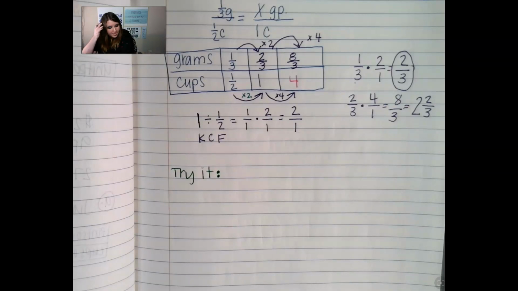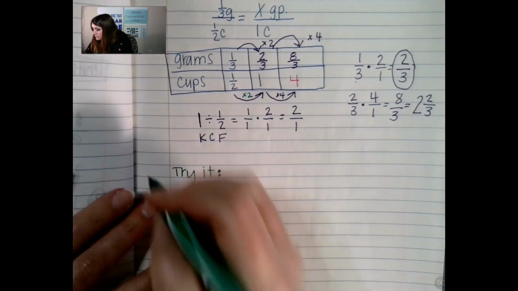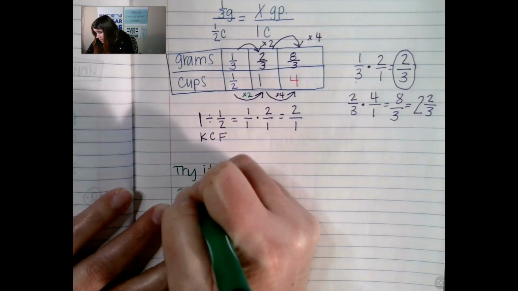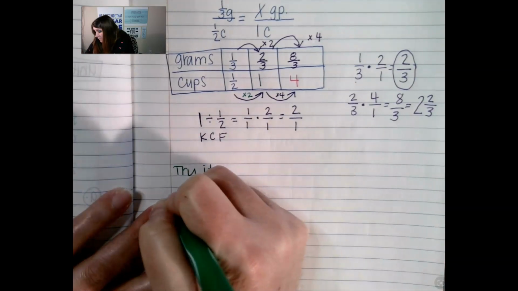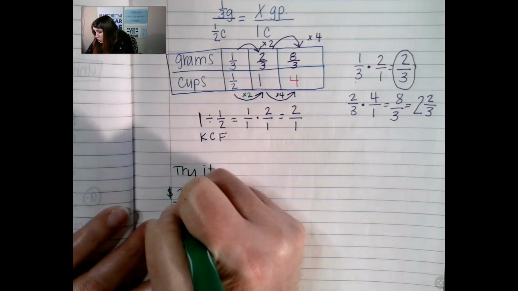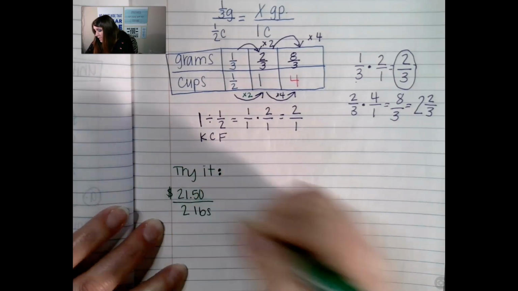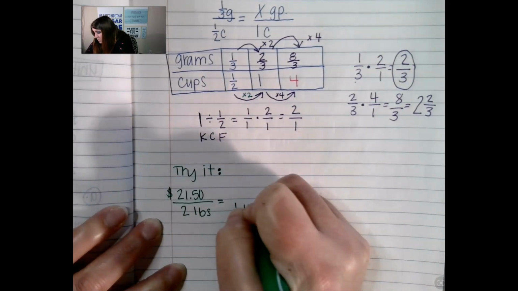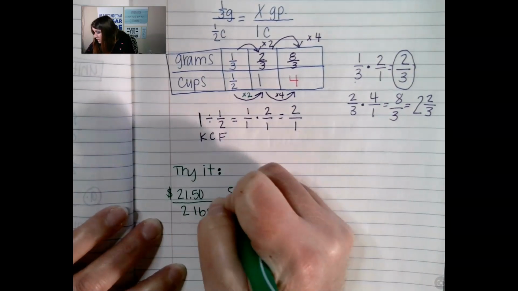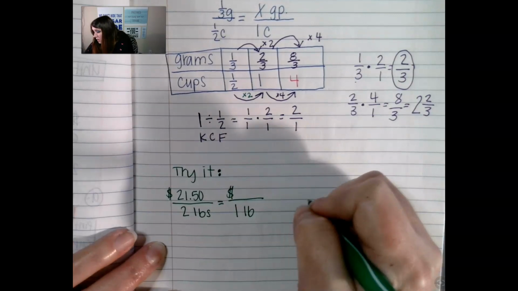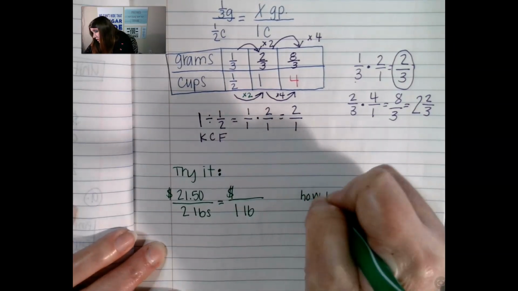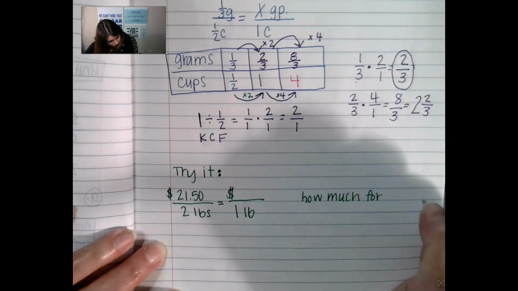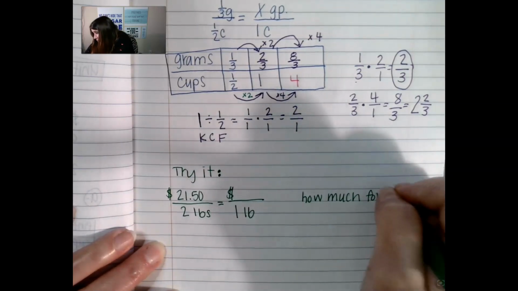Let's say that it is $21.50 for 2 pounds of fish. And I want to know how much then is it for 1 pound of fish? What's the cost? And then I want to know how much for 5 pounds.